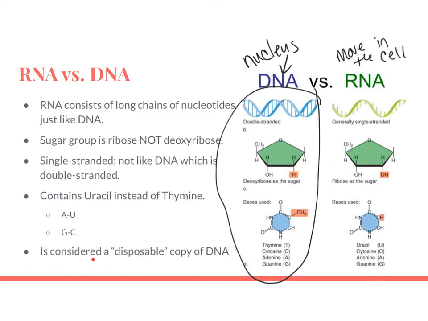One thing that we want to remember is that RNA is considered to be the disposable copy of DNA. So the way that I like to think about it is that DNA is very much like the actual blueprints for, let's say, like a house or something, right? So if you're going to build a house, you want the final blueprints to be held somewhere safe so they don't get ruined.